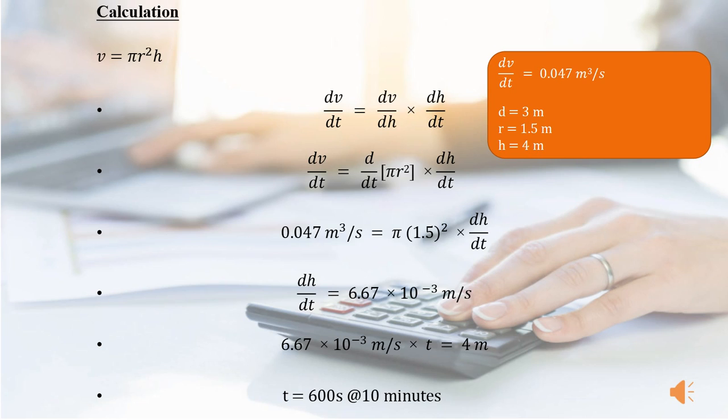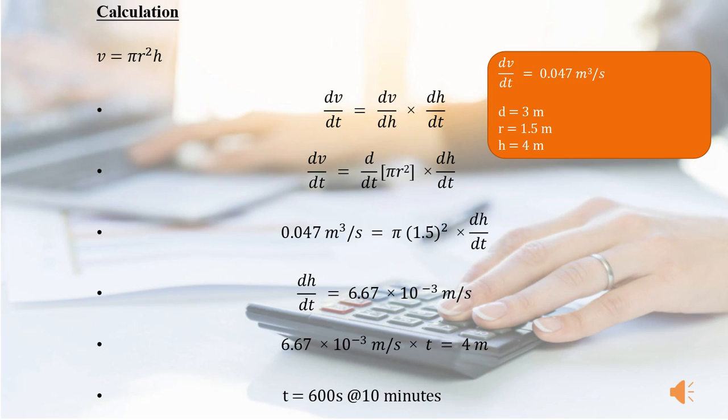Then we substitute 0.047 meter cubed per second into dV over dt, so we get 0.047 meter cubed per second equals pi times 1.5 squared times dH over dt.